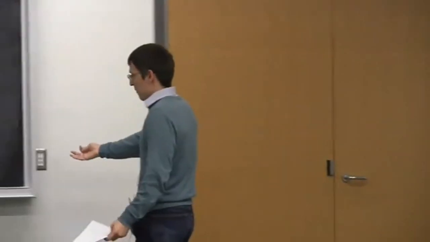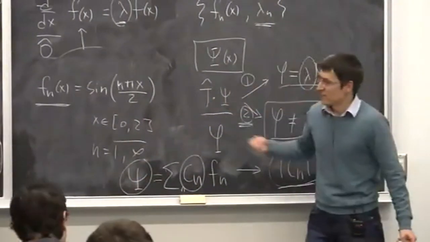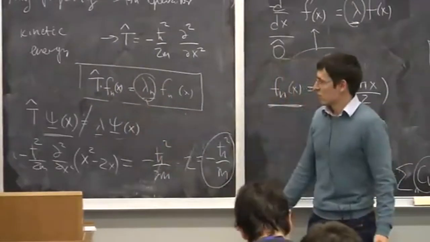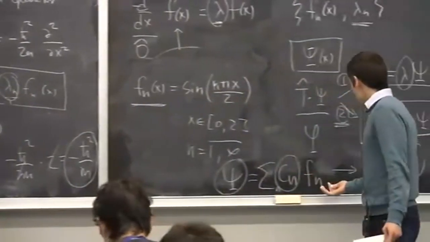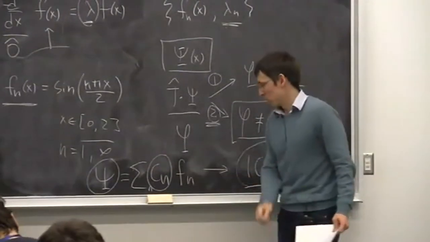Well, that's what is happening here in quantum mechanics. When the wave function that is given is not an eigenfunction of the operator that we're interested in, the result will still always be an eigenvalue corresponding to some eigenfunction.